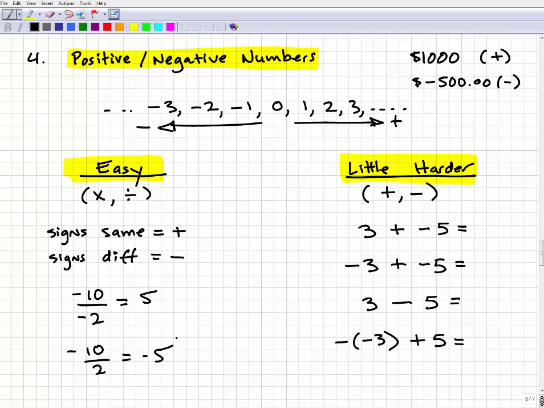Now, I want to tell you that on your calculator, you should have a button that looks something like this. It's usually in the lower part of your calculator, one of the buttons down near the bottom. That's the negative number. So if you hit this button and hit 3 or 10, you should be able to create negative values, and you can practice these rules.